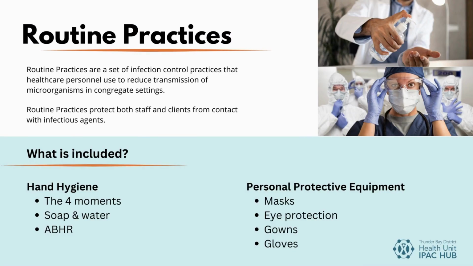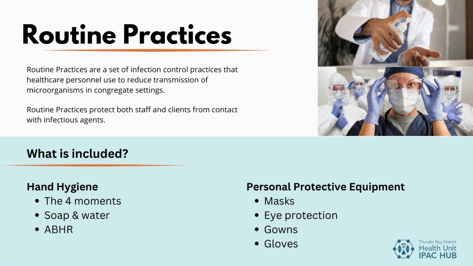Routine practices are based on the premise that all clients are potentially infectious, even when asymptomatic, and that the same safe standards of practice should be used routinely with all clients in order to prevent exposure to blood, body fluids, secretions, excretions, mucous membranes, non-intact skin or soiled items, and to also prevent the spread of microorganisms.